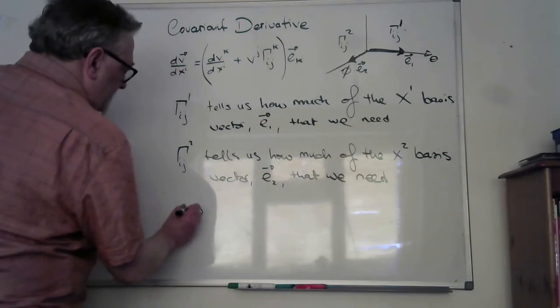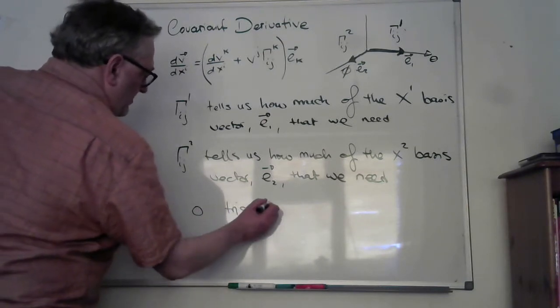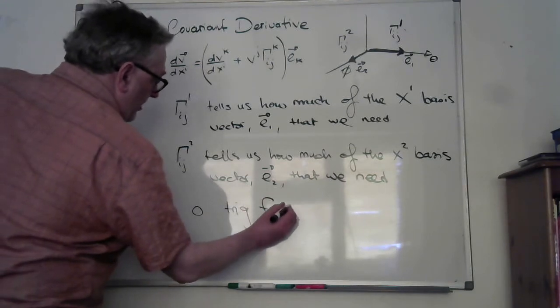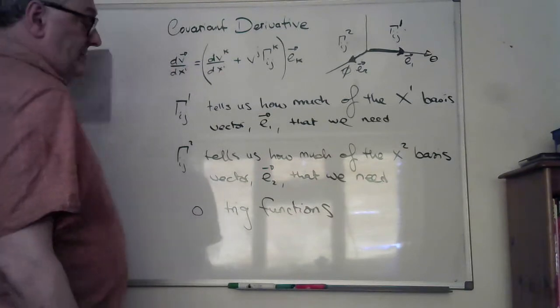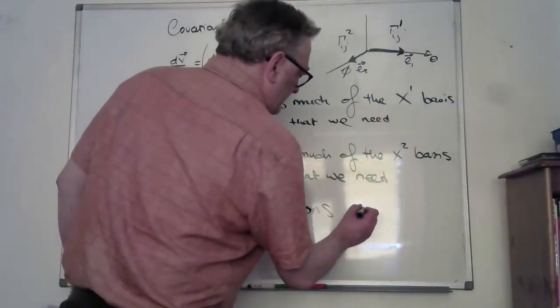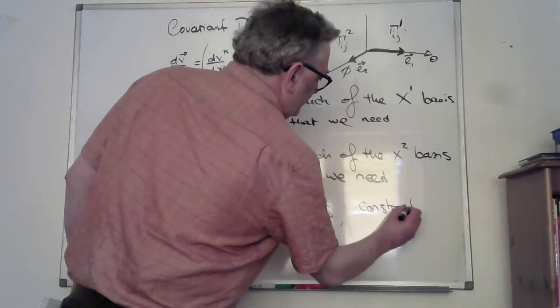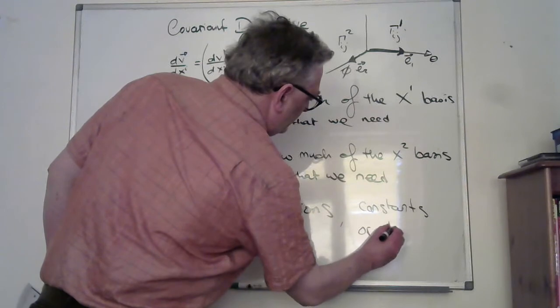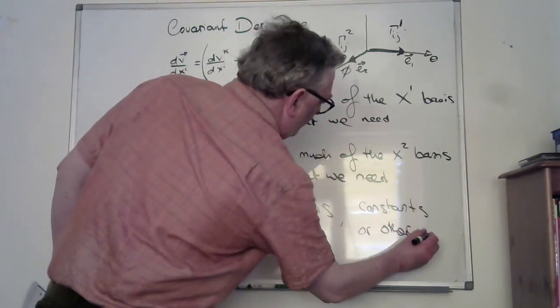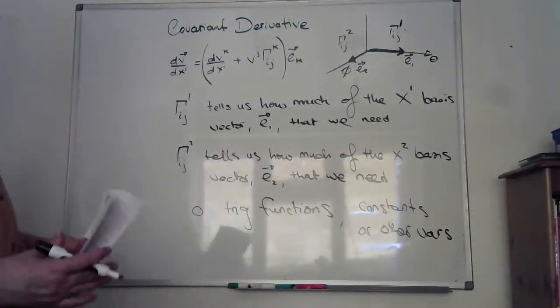You can have trig functions, which is what a lot of them are, as it turns out. And you might actually have constants. But not just constants or other variables. I'll just put vars for variables.